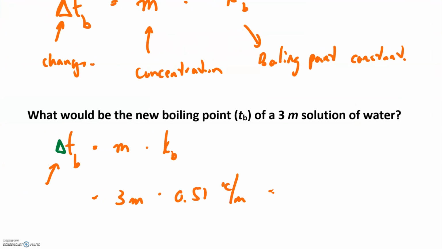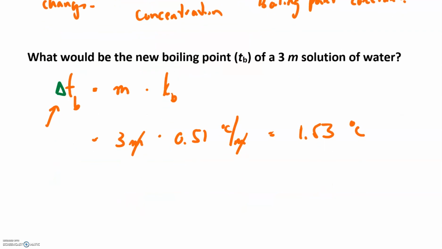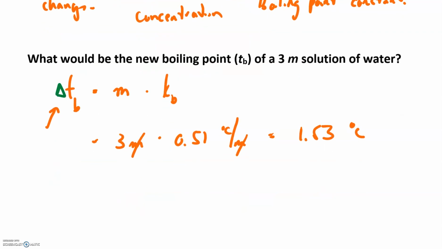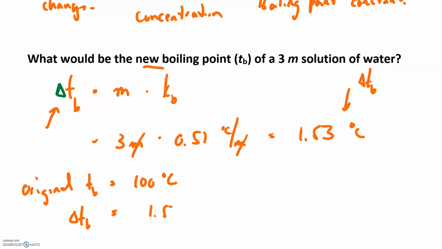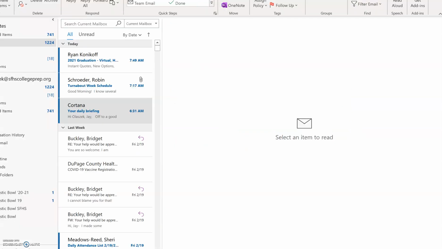So what happens to our boiling point? It increases by, let's bust out our calculator. It's a pretty easy calculation. 3 times 0.51 is 1.53, and since molal cancels, we get degrees Celsius. This is our change. This is delta TB. This is not the new boiling point. We'd have to add that. So if our original TB is 100 degrees Celsius for water, and our delta TB is 1.53 degrees Celsius.